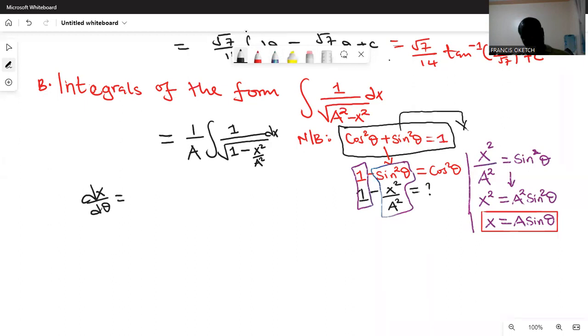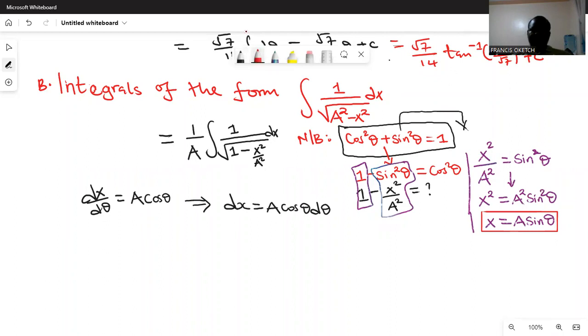That should give us a, which is a constant, so we retain that, and differentiate sine theta, that should be cos theta. And then you can make dx the subject. So this implies that our dx should now give us a cos theta d theta.